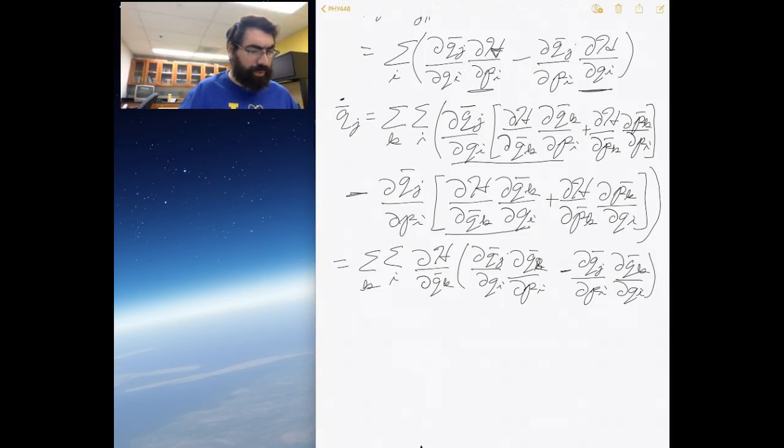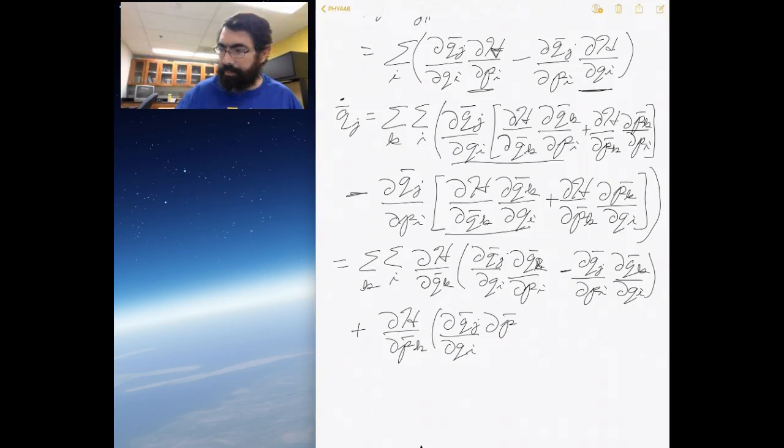So I can put in the next terms, so plus dH, the derivative of the Hamiltonian with respect to the momentum bar, and what I get is the dq bar j dqi dp bar k dp i minus dq bar j dp i dp bar k over dq i.